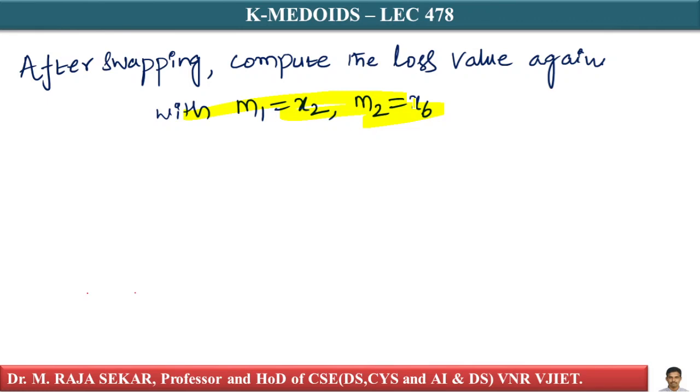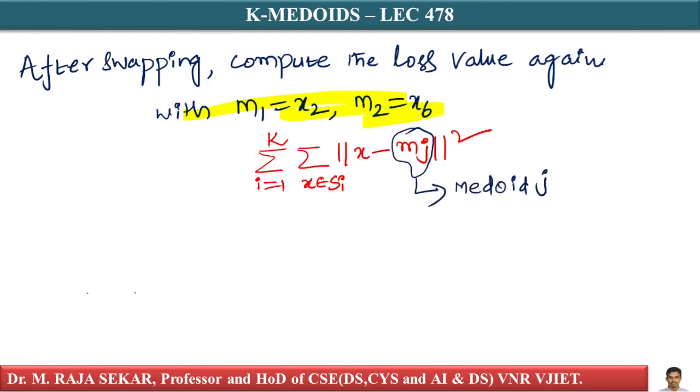We can always calculate the loss: sigma i equal to 1 to k, x belongs to Si, where mj is my medoid j. You have a new medoid, so your loss will change.